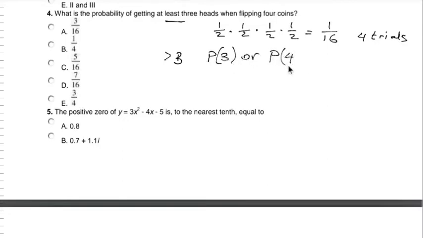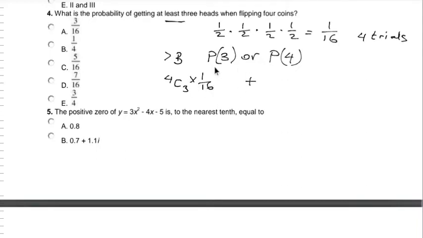Okay, and remember we're going to add our answers because of the logic rule. So the probability of 3 would be, so we could have like 3 out of the 4 heads. Okay, so that means that we could have 4C3, which is 3 out of 4 combinations, by the probability of 1 occurrence, which would be 1/16.